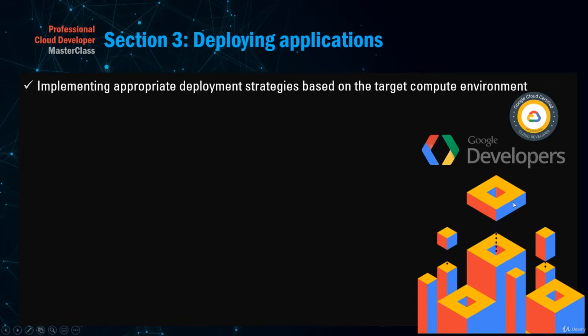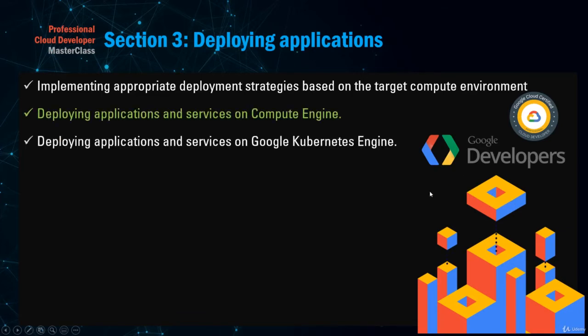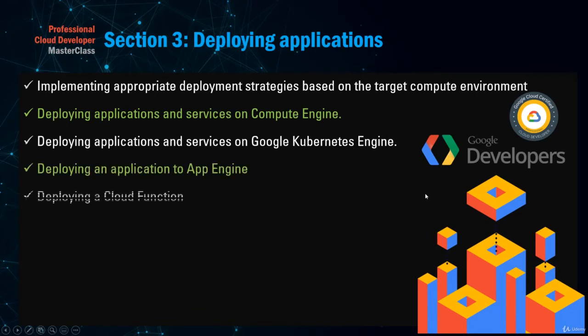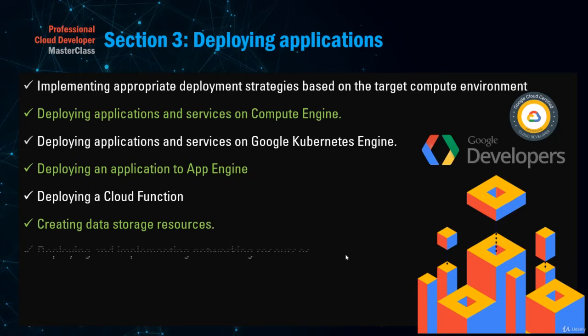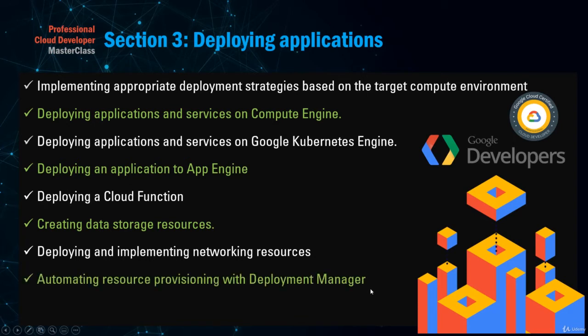So first you need to find the appropriate computing environment, like deploying your application into Compute Engine or Kubernetes or App Engine or Cloud Functions, and including Cloud Run, I would say. Creating data storage resources like Cloud SQL, Cloud Spanner, or any other storage like Firestore. Deploying and implementing network resources, automating resource provisioning with Deployment Manager, managing service accounts.